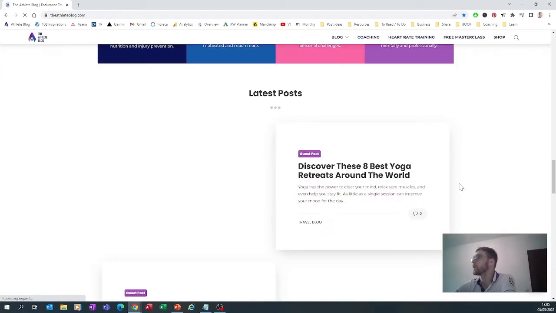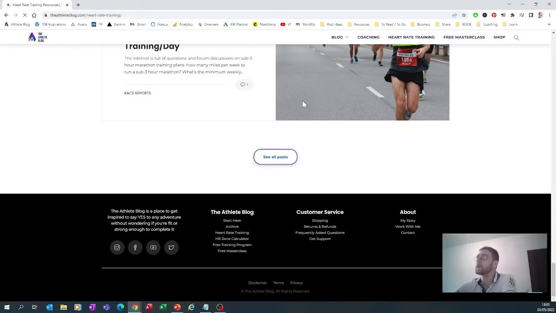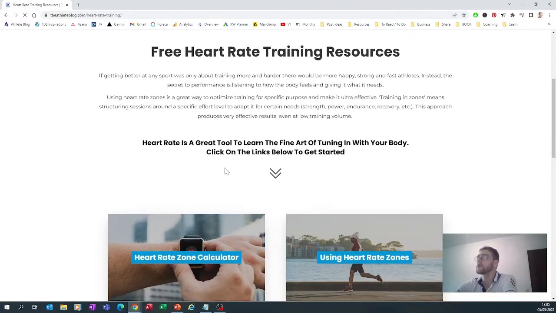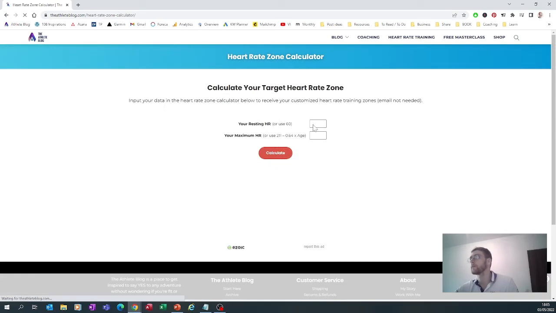If you scroll down to the bottom of the page, there is a link to the heart rate zone calculator, or if you go under heart rate training, at the top there is also a link to the heart rate zone calculator, and it uses the Karvonen formula to estimate your zones, as I mentioned.